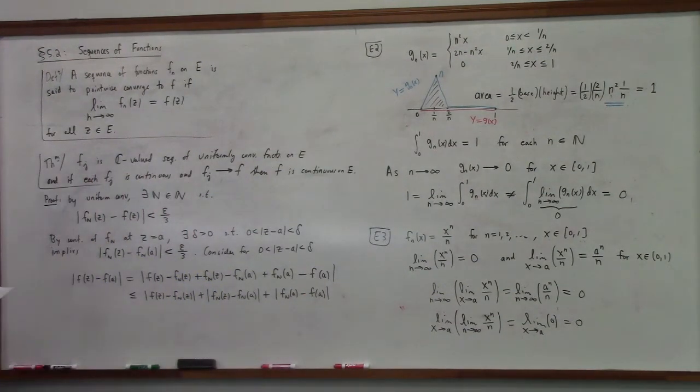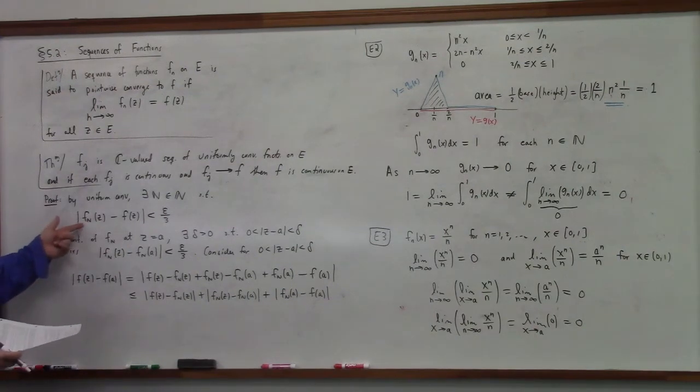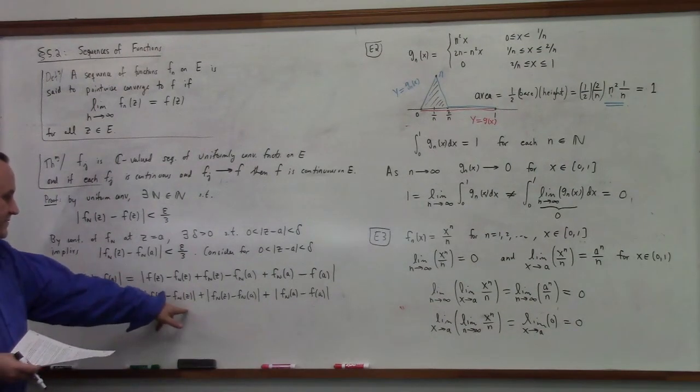All right, let's think through this. Since 0 is less than modulus of z minus a is less than delta, we have that fn of z minus fn of a is less than epsilon over 3. How about the first one? Remember n is such that this is less than epsilon over 3.